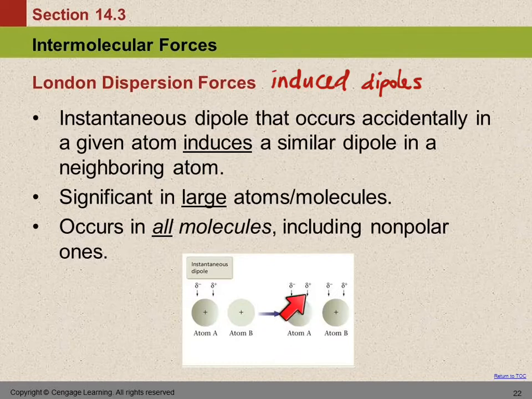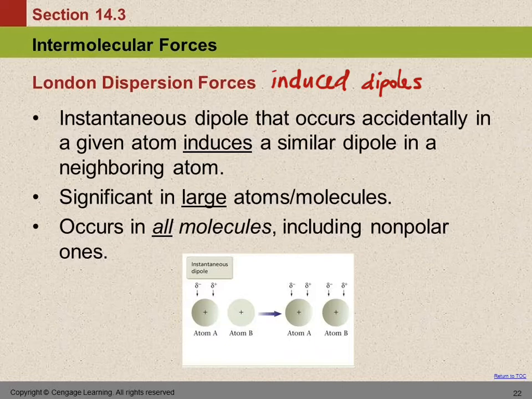But we have this force of attraction between positive and negative. And then these go back to being random, and those go back to being random, and it's over. So London dispersion forces are induced dipoles that happen just spontaneously, and they're very brief, but they happen over and over again. So even a tiny force, if it happens many times, can be significant.